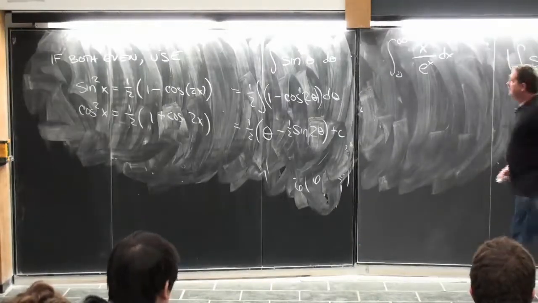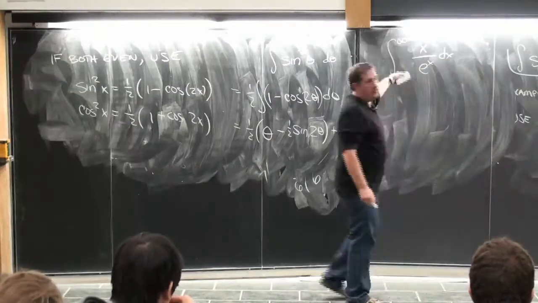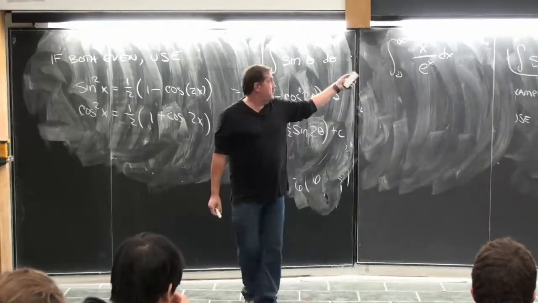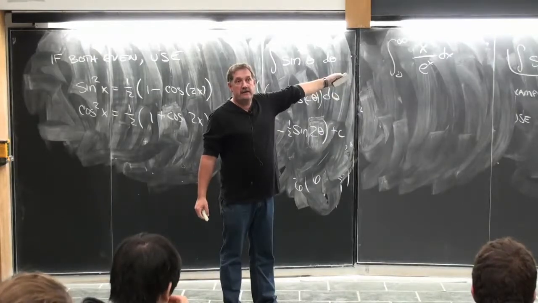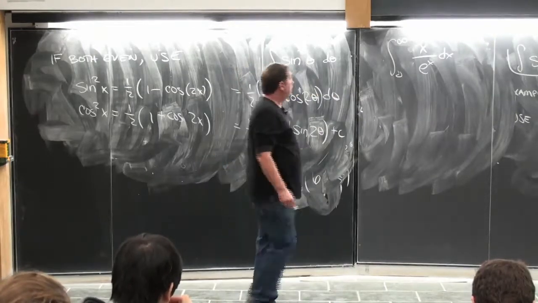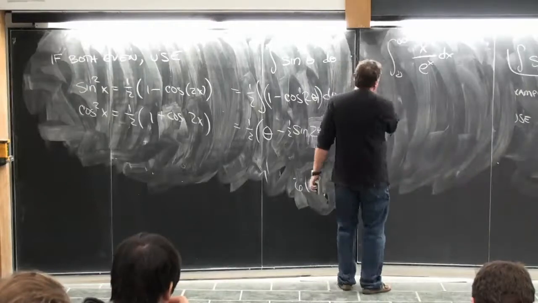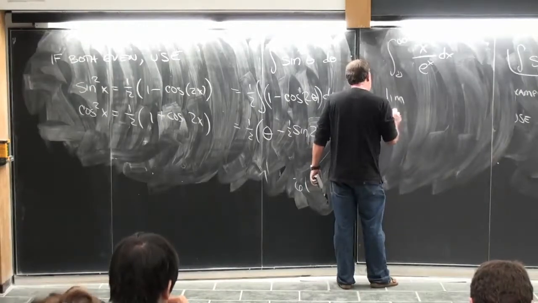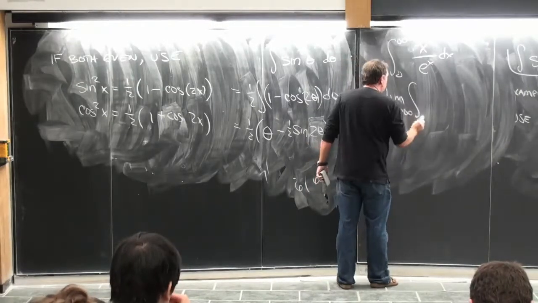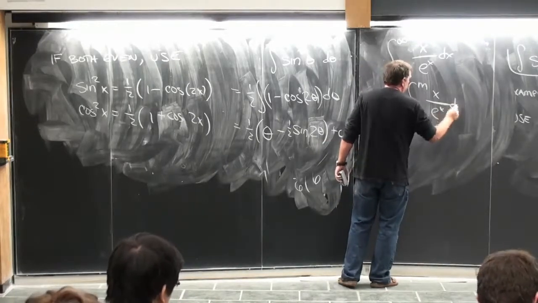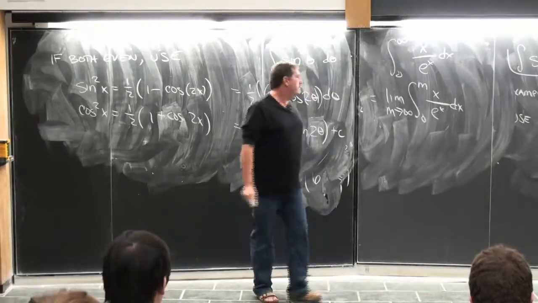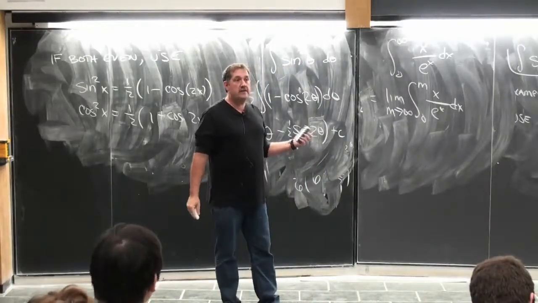So this one's okay at 0, because at 0 we have 0 over 1. It's just at infinity we have to deal with it. So this becomes a limit, and just to rewrite it, we still have to do the integral of x e to the minus x.